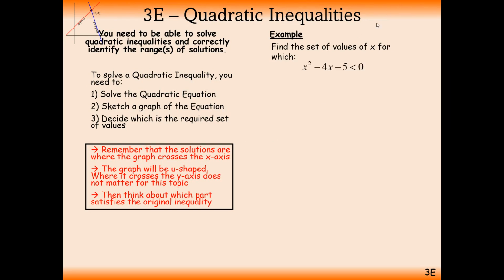First of all, if you had to picture the graph, you factorize the quadratic if you can, and you find the solutions to it as if it was equal to zero. Notice my words: I'm not saying set it equal to zero, but you would factorize it and find the solutions as if it was equal to zero.